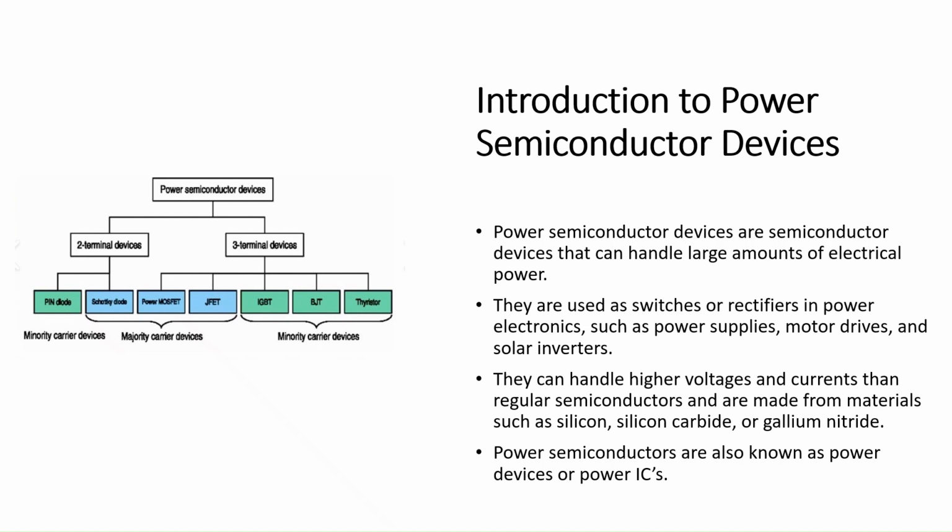They can handle higher voltages and currents than regular semiconductors and are made from materials such as silicon, silicon carbide, or gallium nitride. Power semiconductors are also known as power devices or power ICs.